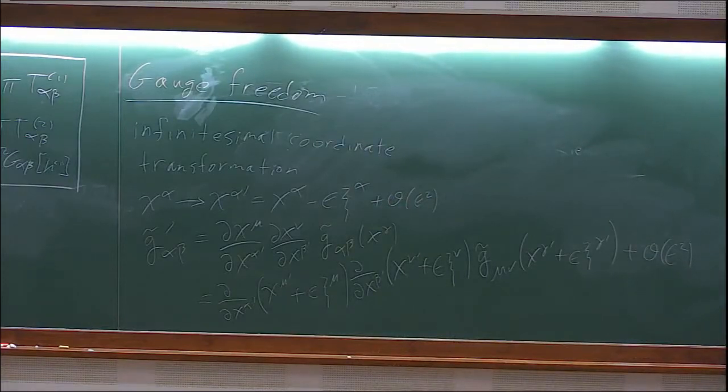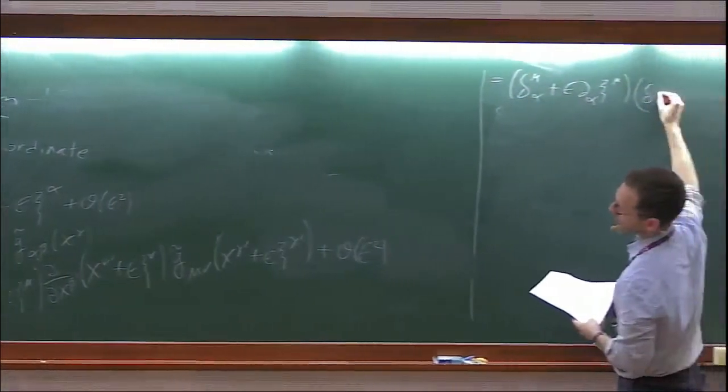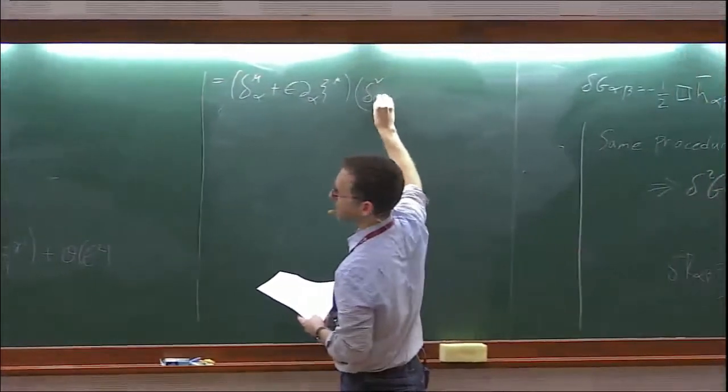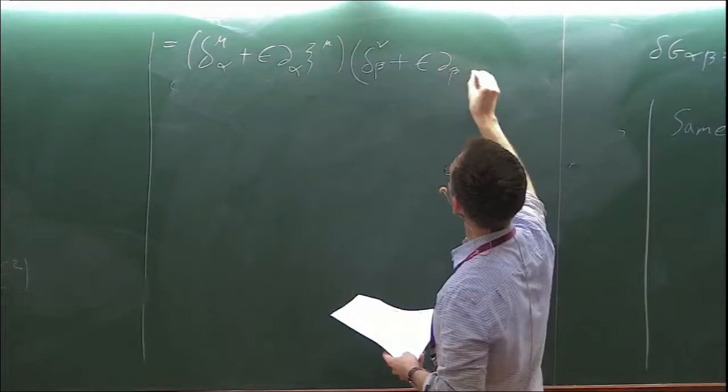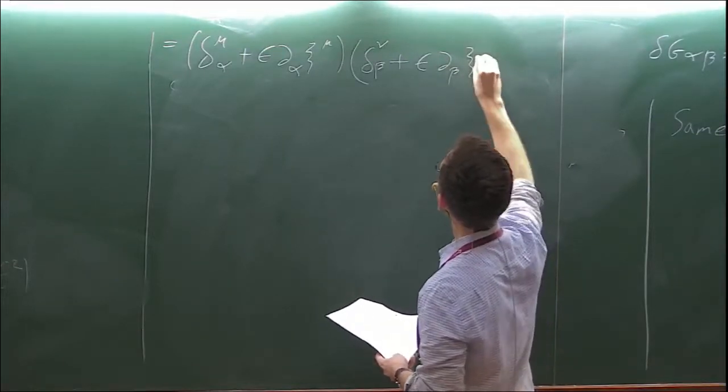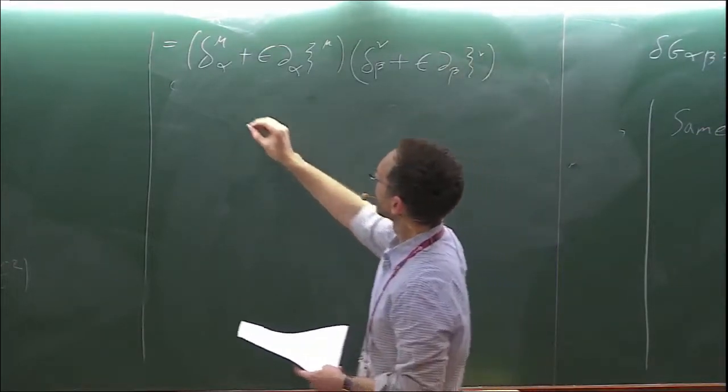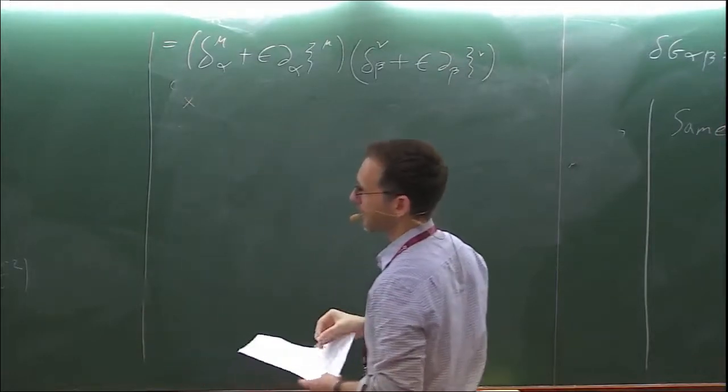So we've got delta mu alpha plus epsilon times the alpha derivative of xi mu. And then we get another Kronecker delta mu beta plus epsilon times the beta derivative of xi mu. And this is all multiplied by this.